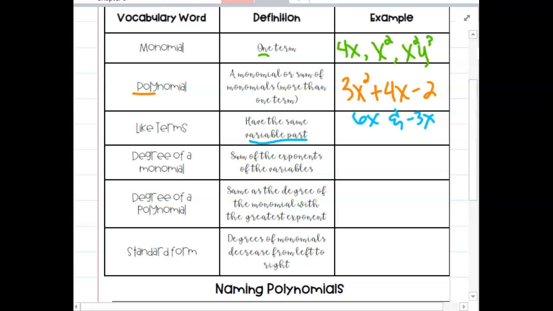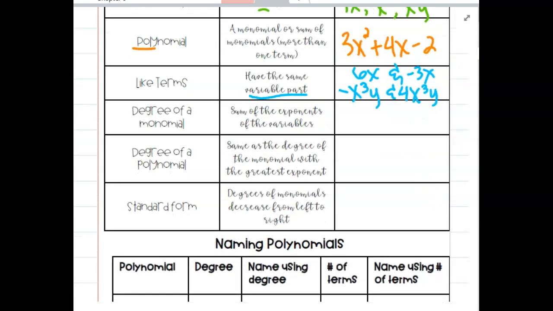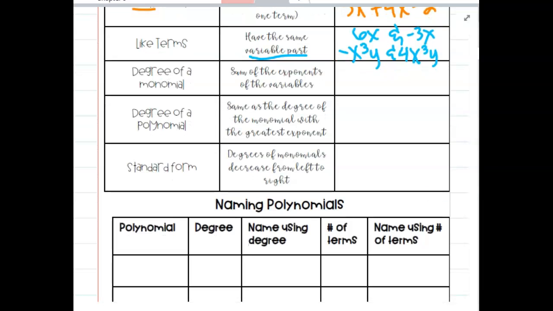It could be something a little bigger, like negative x cubed y and 4x cubed y. It doesn't matter what the coefficient is, the number in front. If they're like terms, all you have to look at is the variable part. Notice they're both x cubed y. It should match exactly.